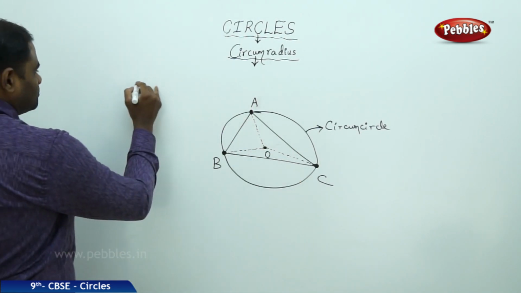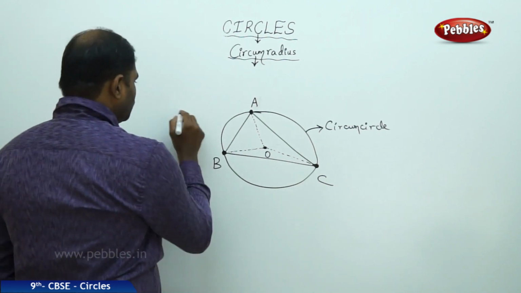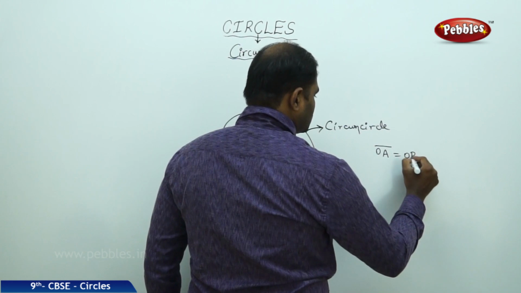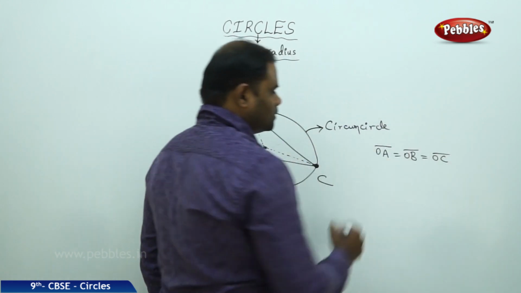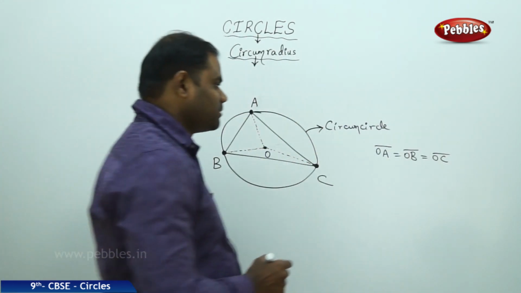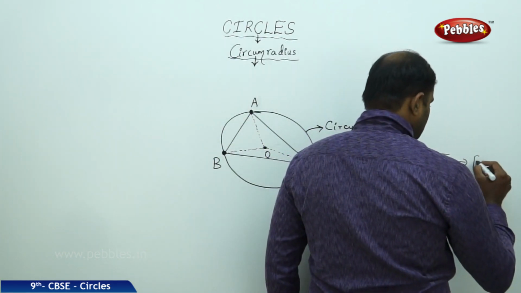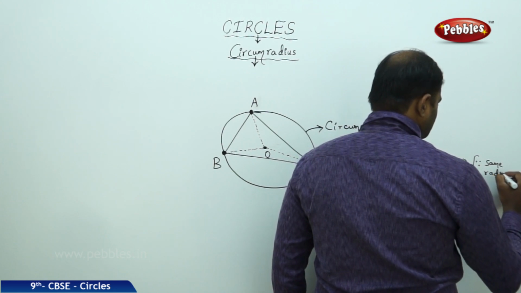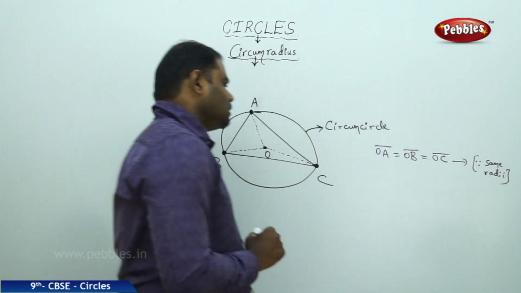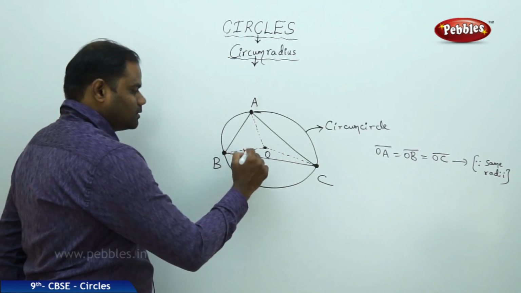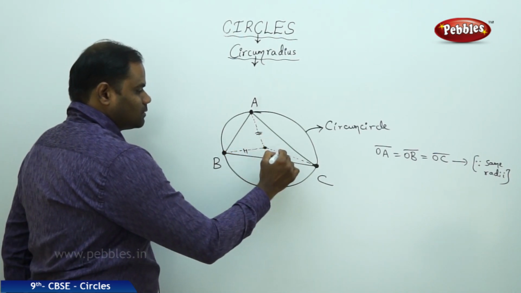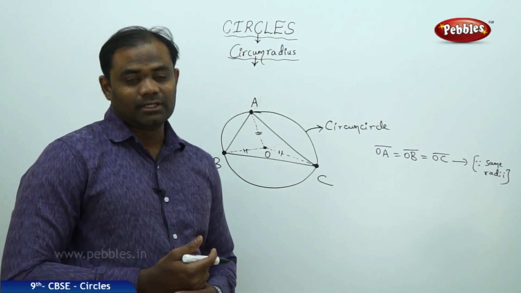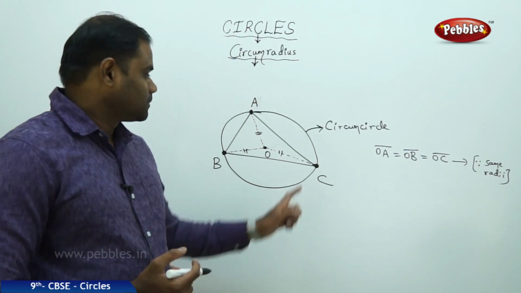That is, I have OA equals OB equals OC, because it is same radii, and hence this equals this equals this, and that radius of the given circle is called circumradius.